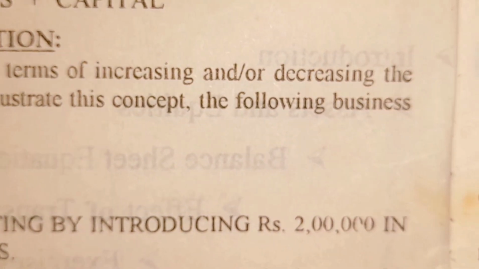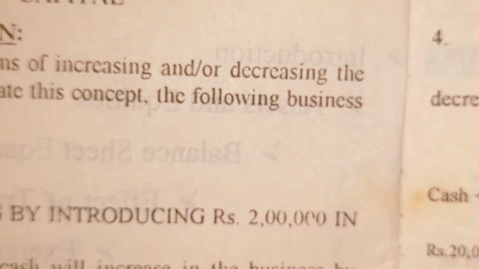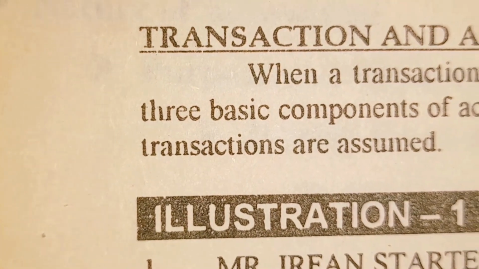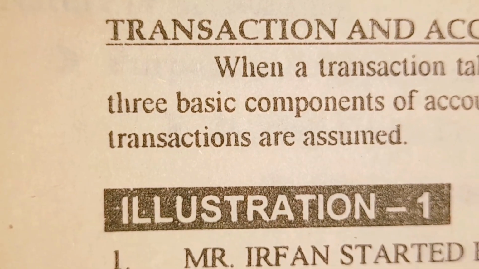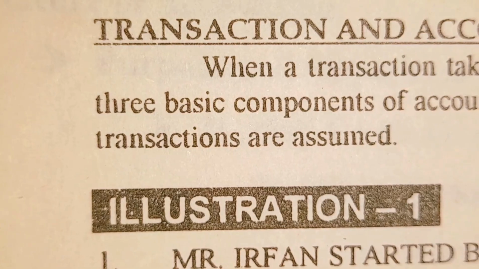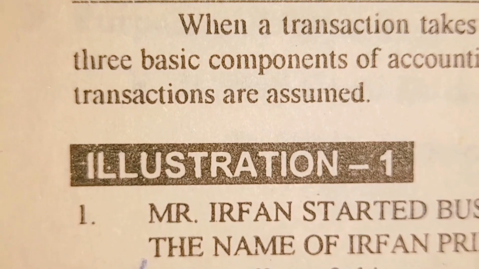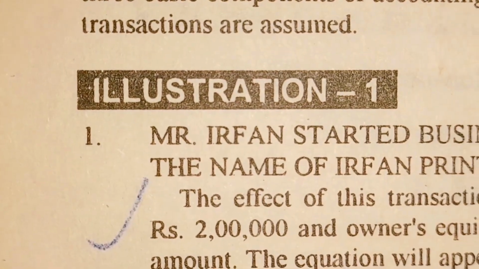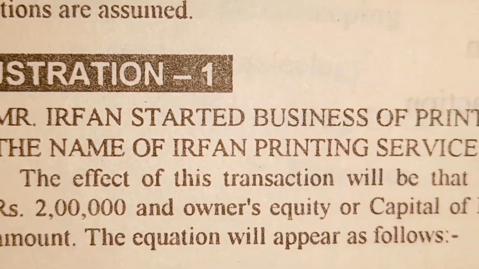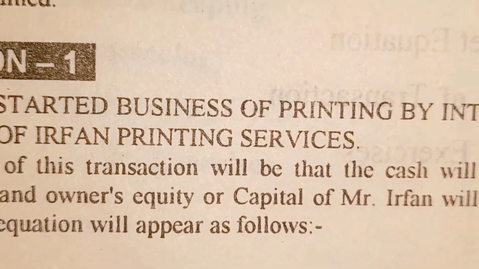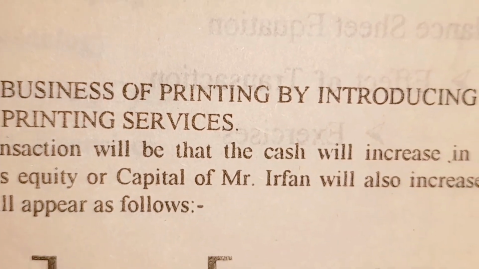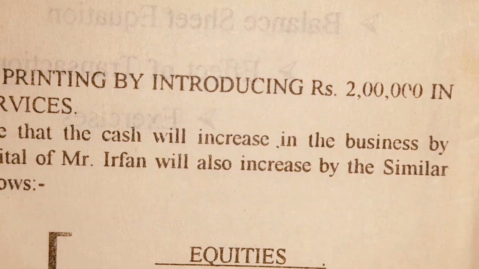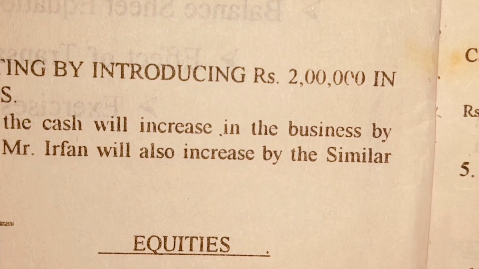Mr. Irfan started a business of printing by introducing rupees 2,00,000 in the name of Irfan Printing Services. The effect of this transaction will be that the cash will increase in the business by rupees 2 lakh and owner's equity or capital of Mr. Irfan will also increase by the similar amount.